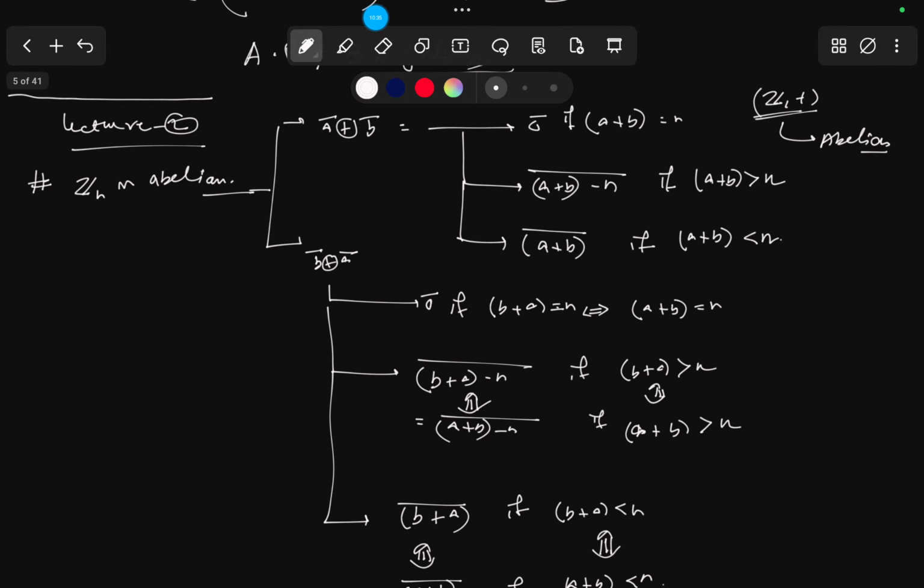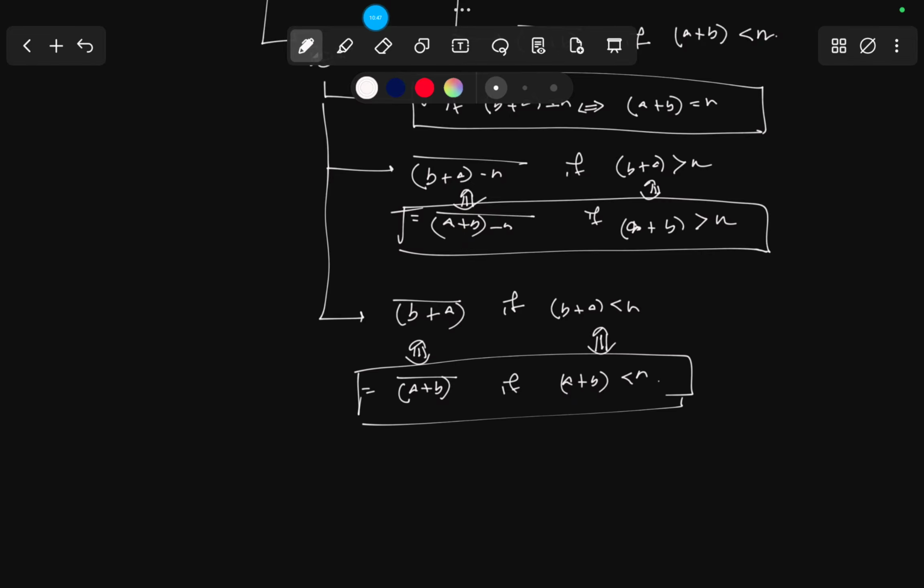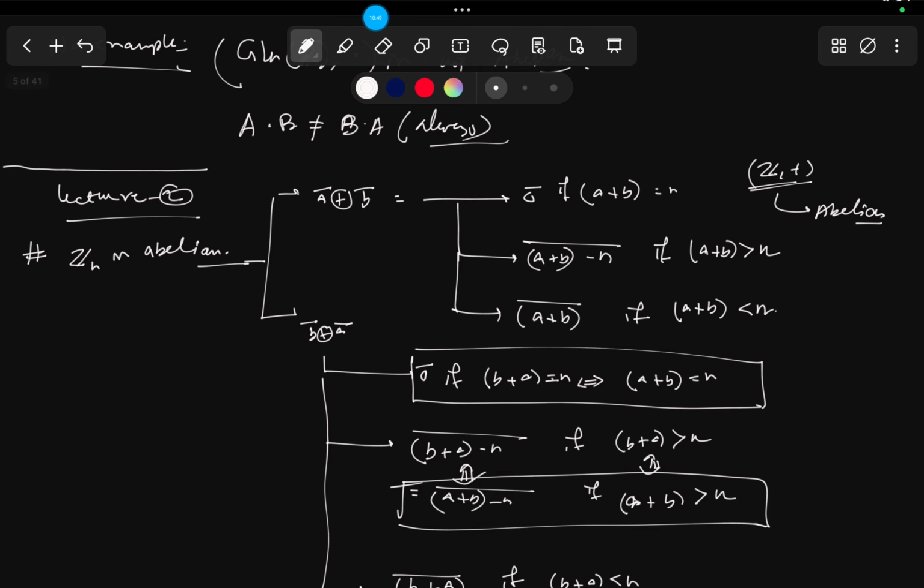So for a bar modulo addition to b bar and b bar modulo addition to a bar, the conditions are getting overlapped with each other, right?